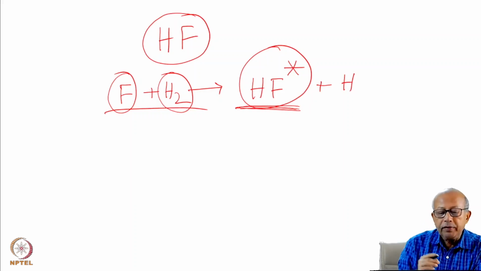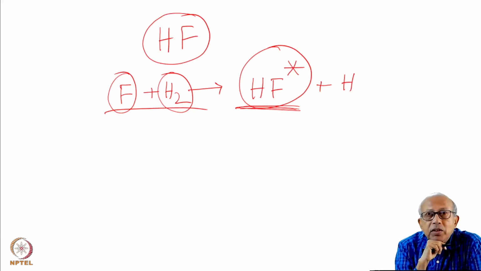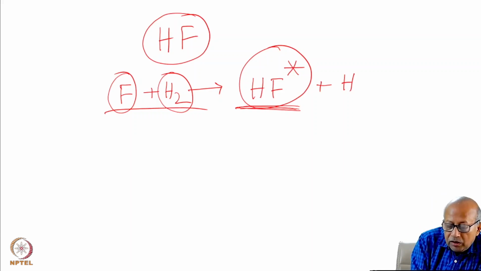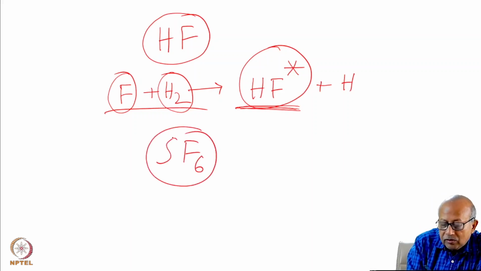Actually, atomic fluorine is essentially generated by subjecting sulfur hexafluoride gas to high voltage discharge.